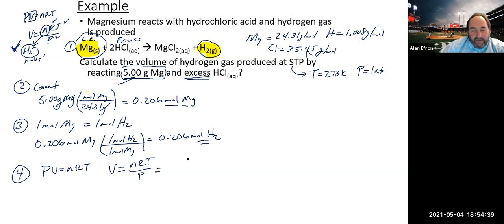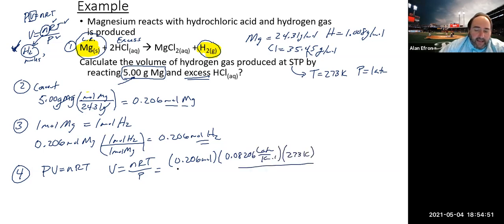We have our moles that we just calculated. We got our R. We got our temperature from the STP, which is 273, and our pressure from the STP, which is 1 atmosphere.